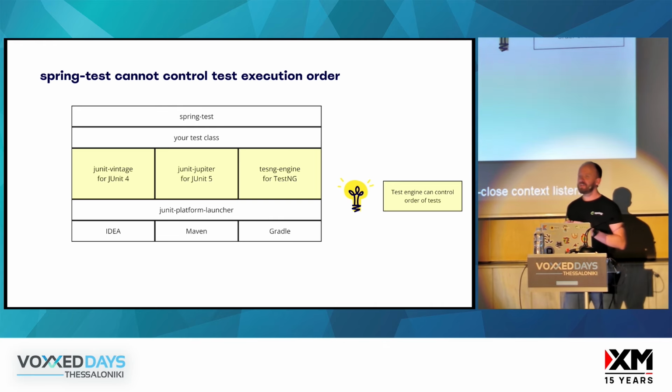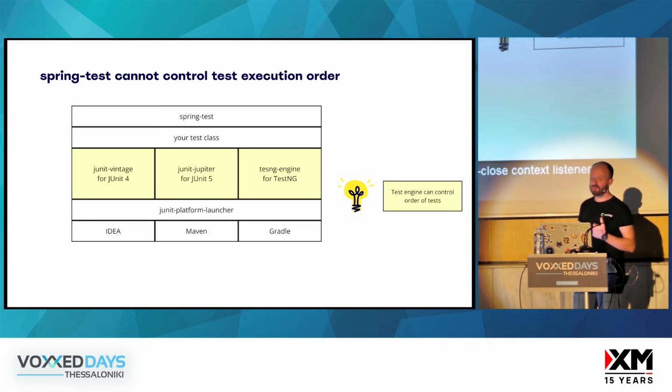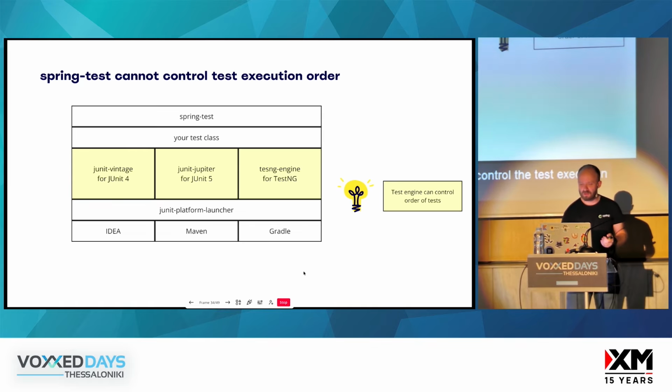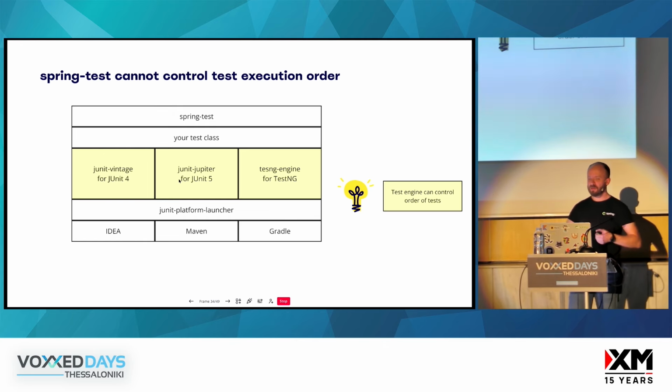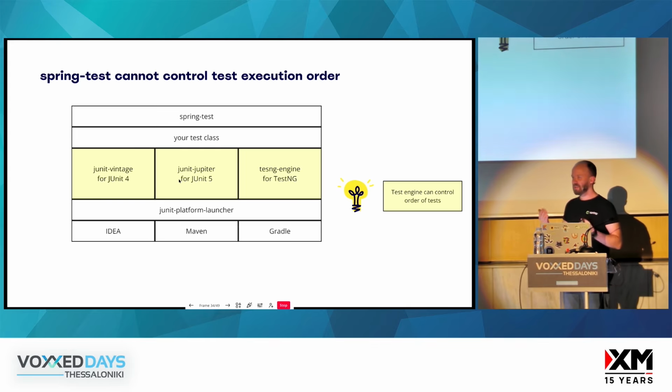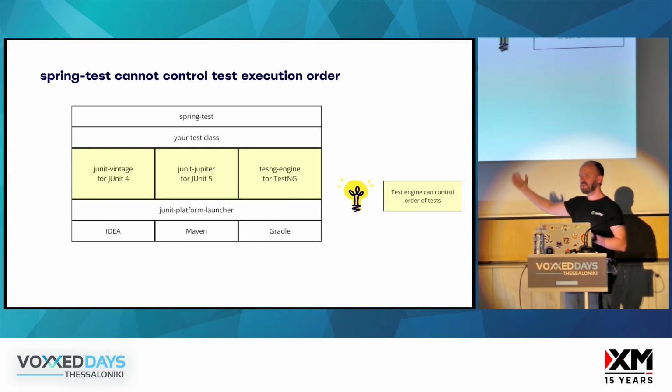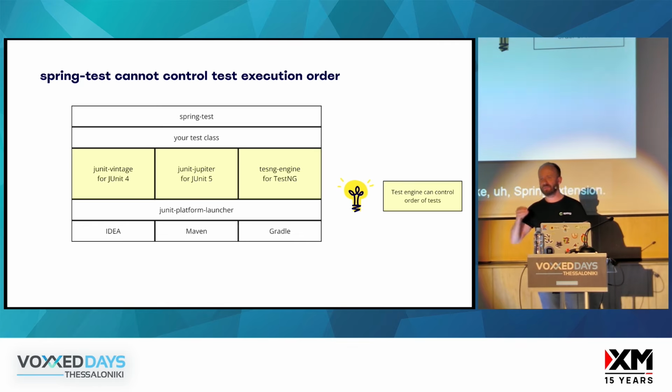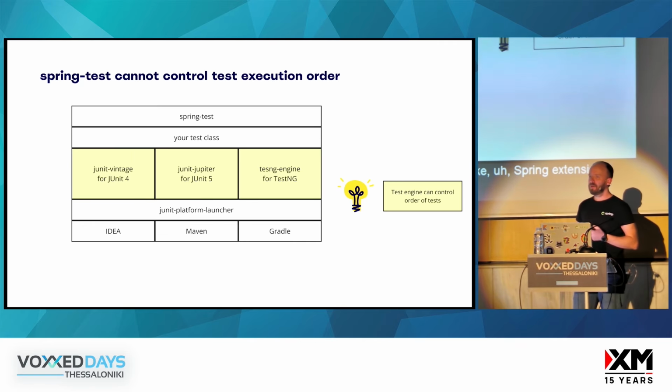The problem here is that Spring Test as a framework cannot control the test execution order, because the JUnit platform as a test engine delegates to Spring, like the Spring extension or Spring runner, test execution steps like initialize context, close context, etc. So we need to control the order of tests on the level of the test engine.